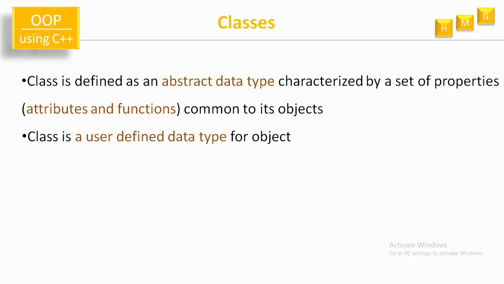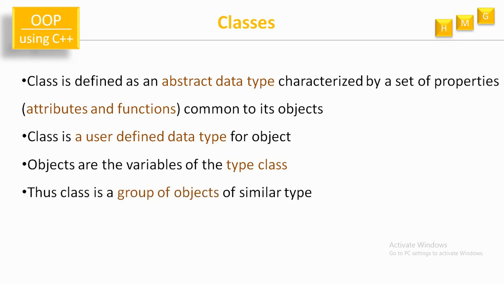Hence the class is a user-defined data type, and this is used to declare or create the objects. The objects are thus the variables of the type class. Just like if we declare int x, you can say x is a variable of the type integer. Similar to that, the objects are the variables of the type class.